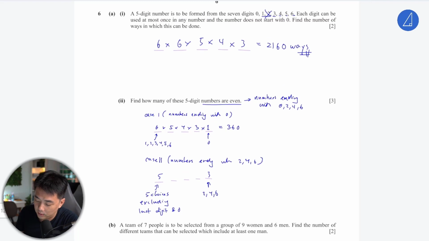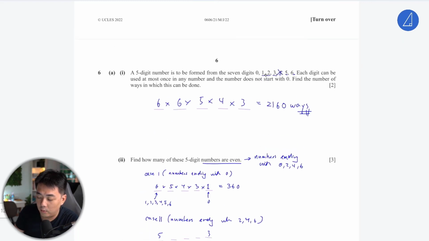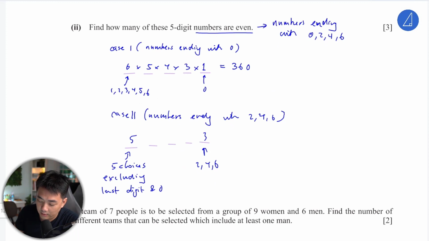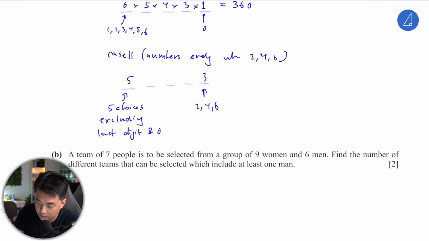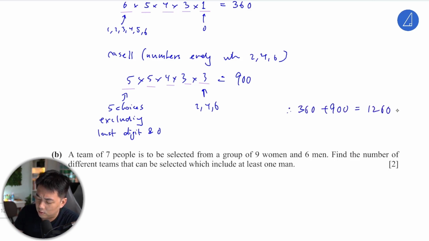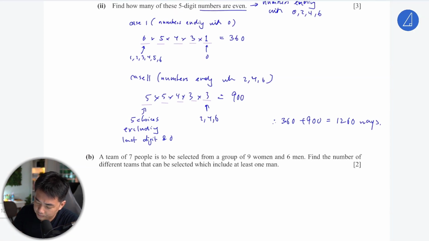That's the whole idea there. If I put the 4 down, similarly I have 5 choices. After taking 2 digits out, say the last digit is 4 and the first, you can still include 0, so you have 5 digits left. So this will be 5, 4 and 3. So for this case, 3 multiplied by 5, 5, 4, 3 gives 900. Hence 360 plus 900 will be 1260 ways. Okay, so that's how you do this question here.